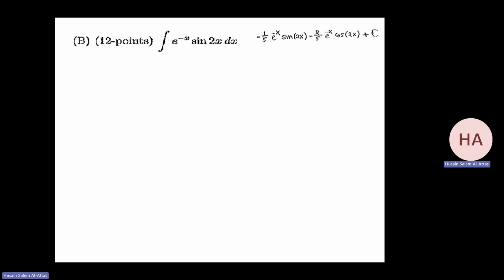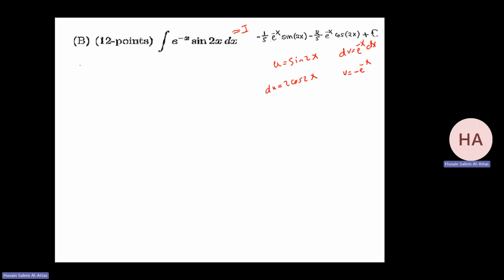Integral of this. Yeah, the same idea: call it I and then move it to the other side. Yeah, this is I. So I have u is sine 2x, dv is e^(-x) dx. Be careful with the minus. So du is 2 cosine 2x, and v is minus e^(-x).